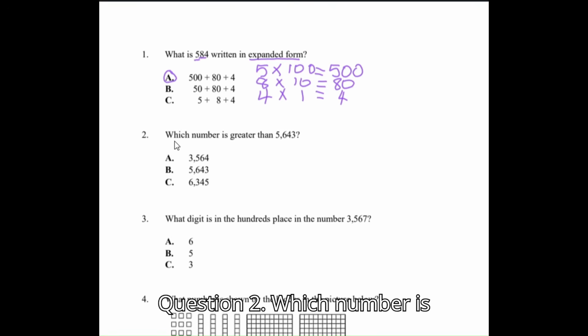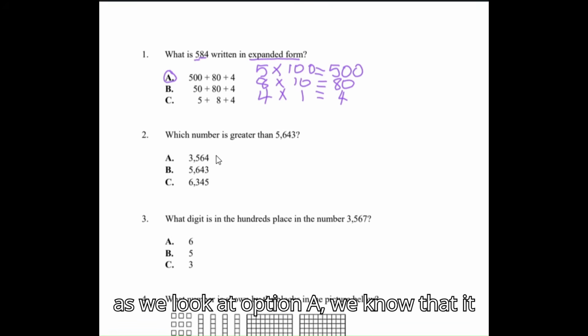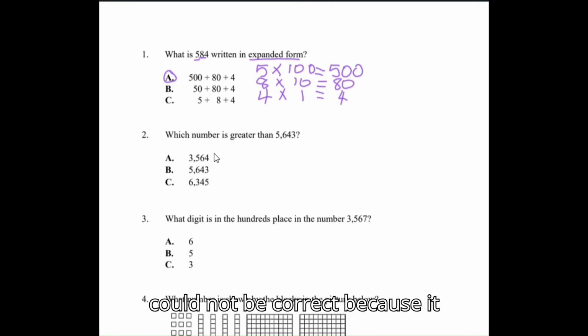Question 2. Which number is greater than 5,643? Now let us look at option A. As soon as we look at option A, we know that it could not be correct because it is less than 5,000.